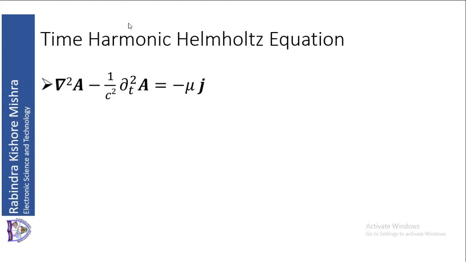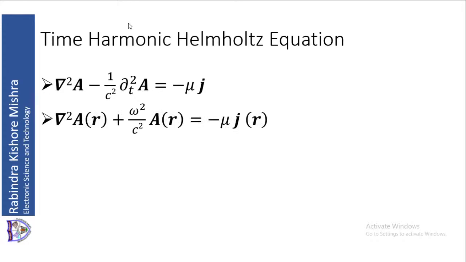And then the Helmholtz equation will be del square A minus 1 by c square dou square A by dou t square is equal to minus mu J. Then using the same principle for A with the time variation e to the power plus or minus j omega t, either of the two you can take, you will get del square A plus omega square by c square A is equal to minus mu J. Now these A and J are functions of r only.